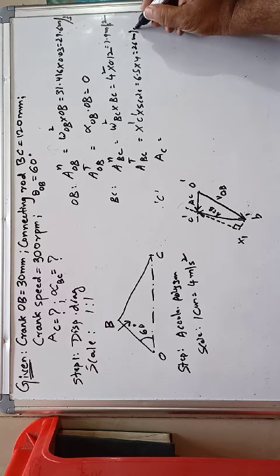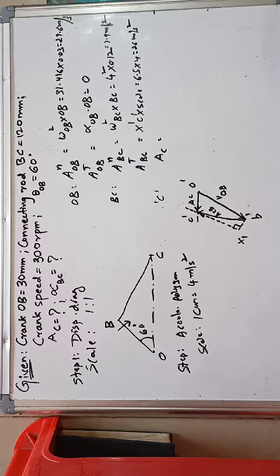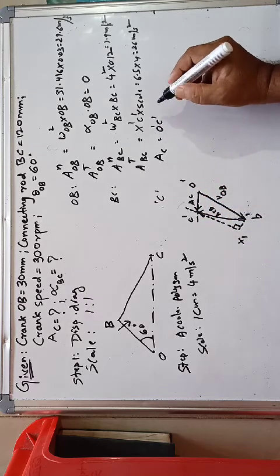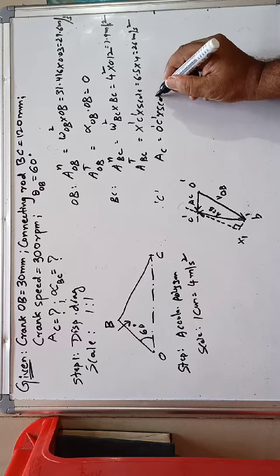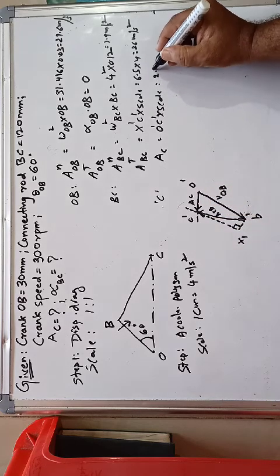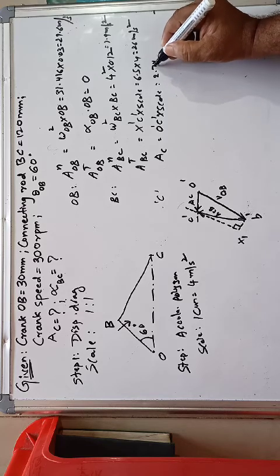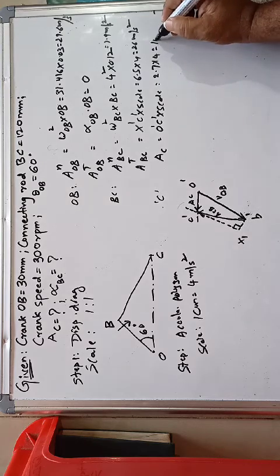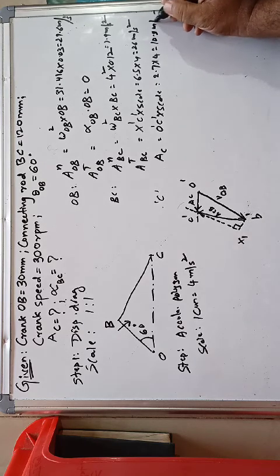That is the tangential component of the link BC, perpendicular to the link BC, as we already know. Similarly, the linear acceleration of the link C is O dash C dash into scale. If you measure the length O dash C dash in this diagram, it is 2.7 into 4, approximately 10.8 meters per second square.